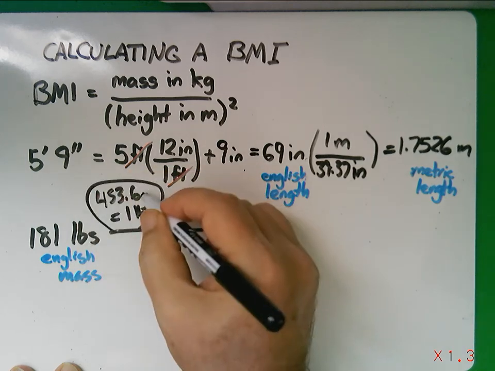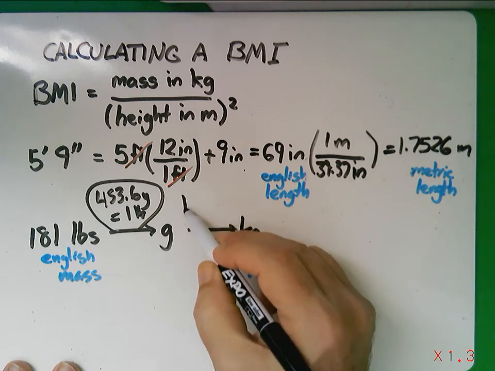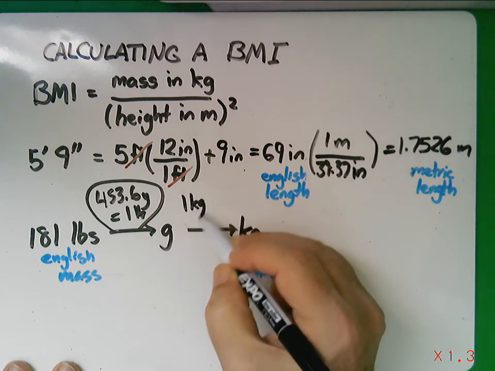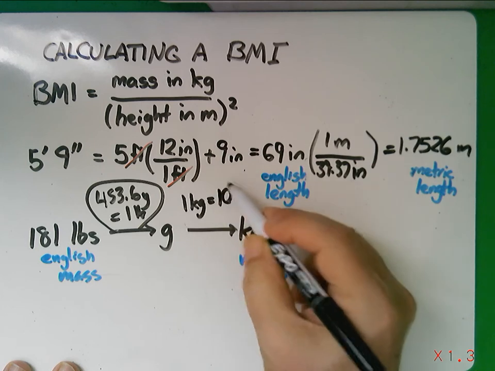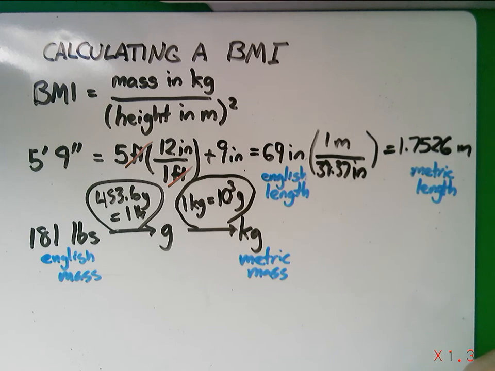That's the link that I need there. And then I need a gram to kilogram conversion, and if you have memorized your SI prefixes like you should, you can just rattle that off. There's my roadmap for doing this conversion.